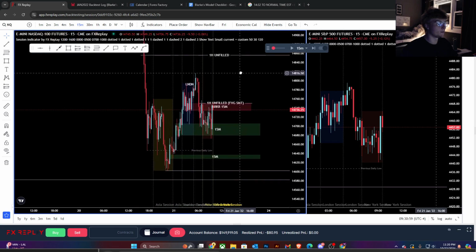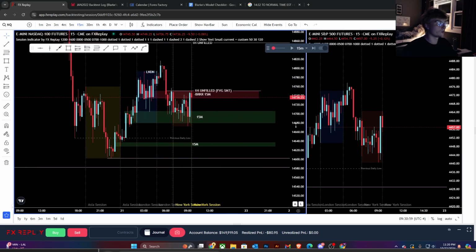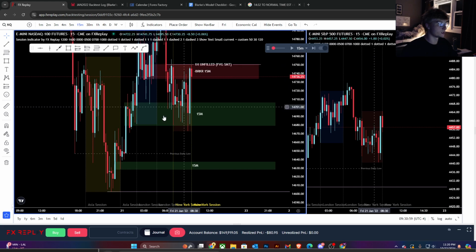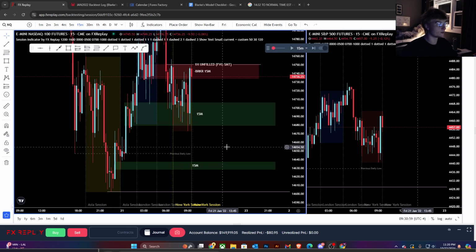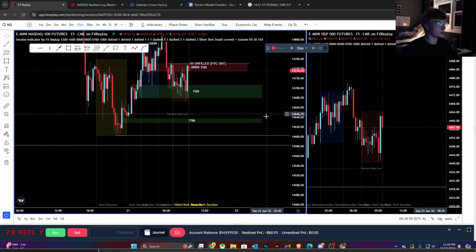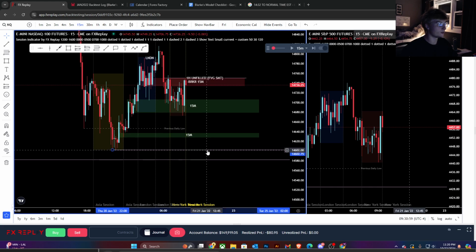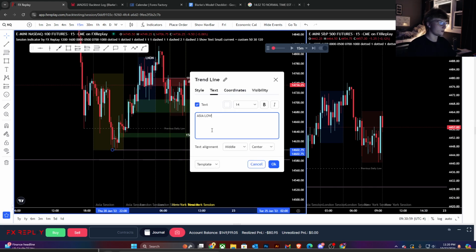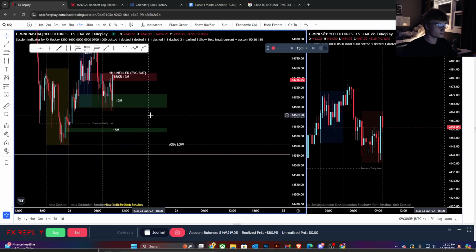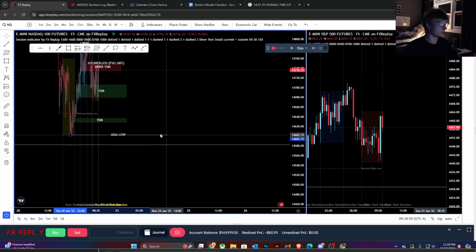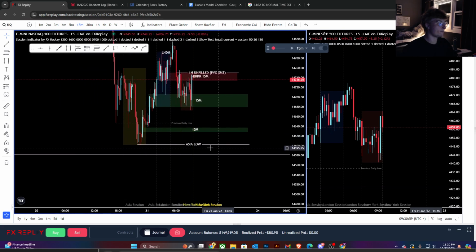Unfilled hourly above. This is a SMT hourly. Looks like we did take out previous day's low there. And right here we have Asia low. So we're gonna keep this in mind there.